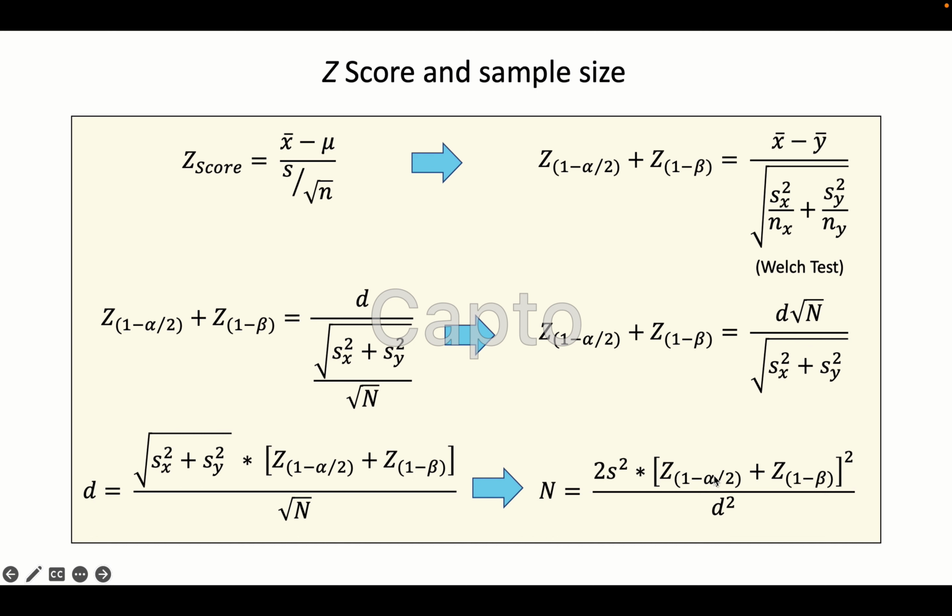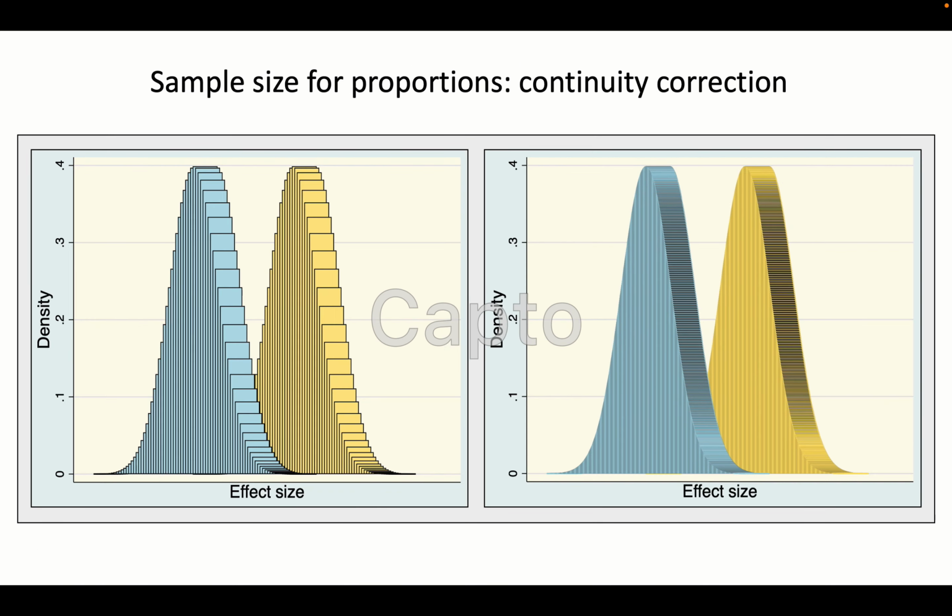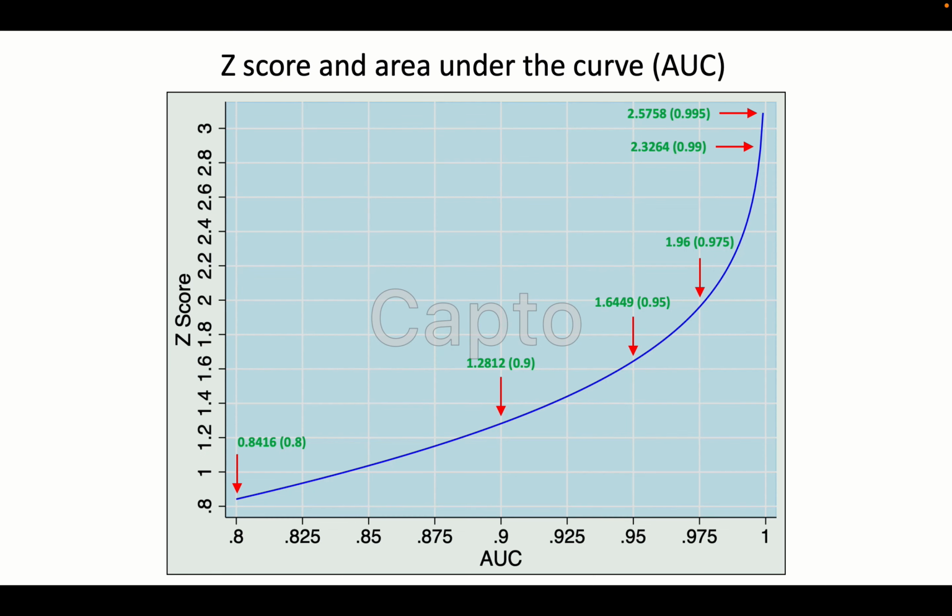Because the alpha is usually 5%, that means that the z-score for 1 minus 5% over 2 comes to 0.975, right? So the z-score for 0.975 is exactly 1.96 here, right?